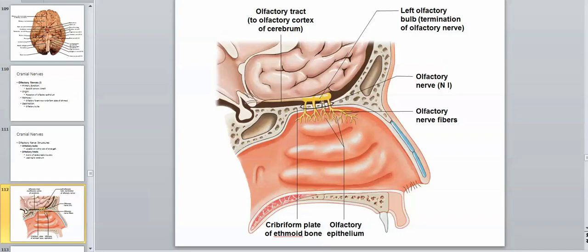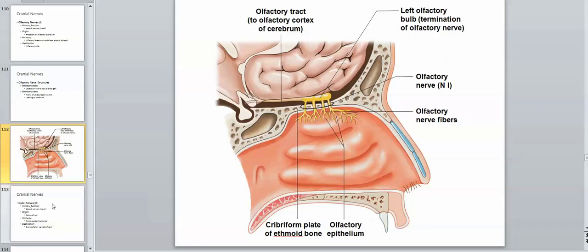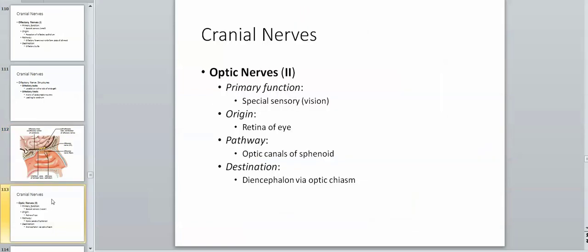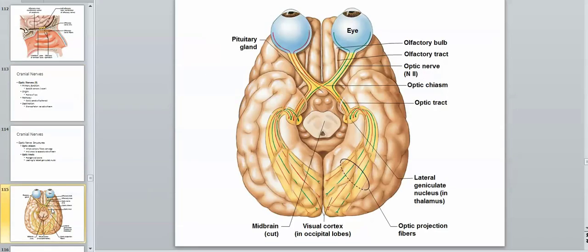Here it comes up through the cribriform plate, synapsing on the olfactory bulb. All right, so the next one that's important is the optic nerve. That's the one we've already seen, coming from the retina of the eye. We'll just go down straight to the picture. Optic nerve, optic chiasm, optic tract, lateral geniculate nucleus of the thalamus, optic radiations to the visual cortex.